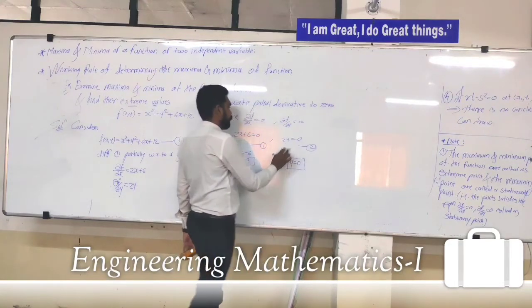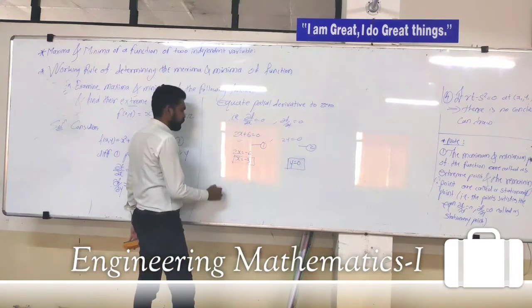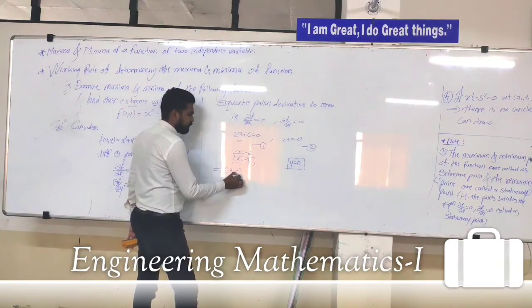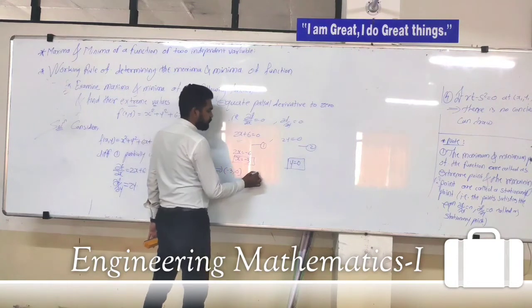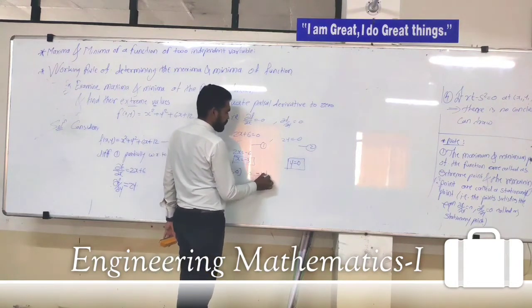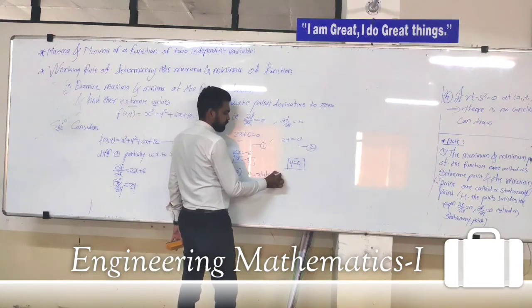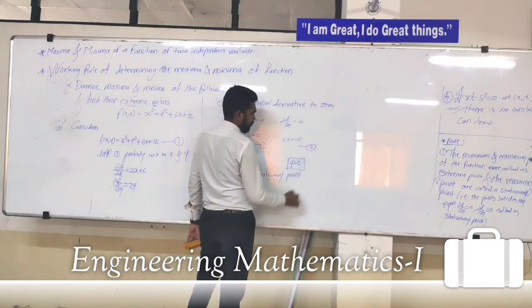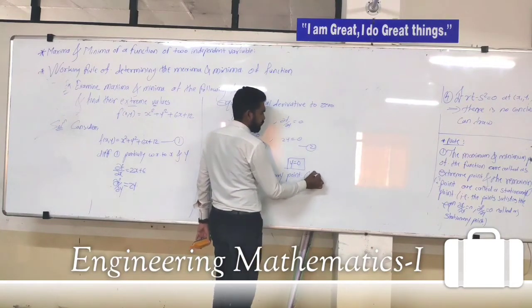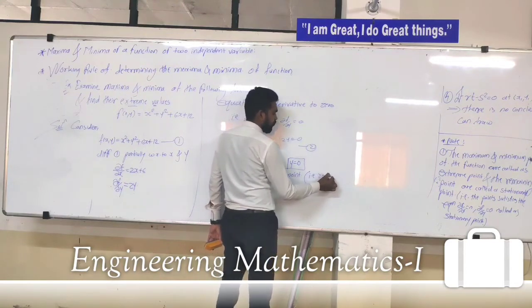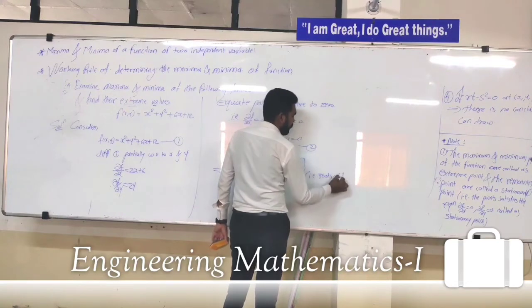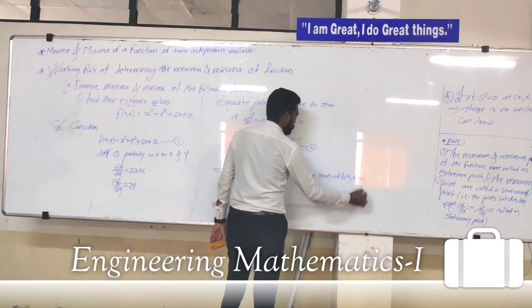That implies that (minus 3, 0) is a stationary point. That is roots of fx is equal to 0 and fy is equal to 0.